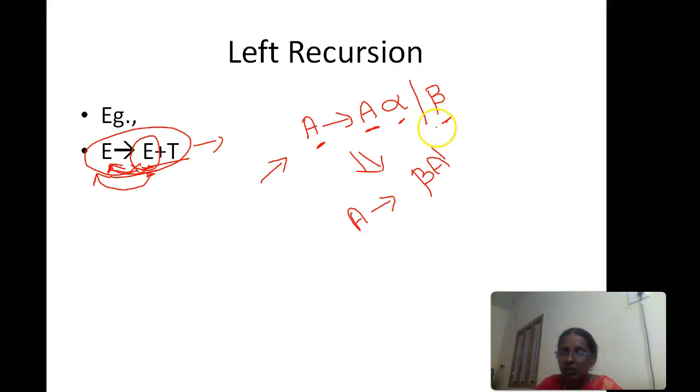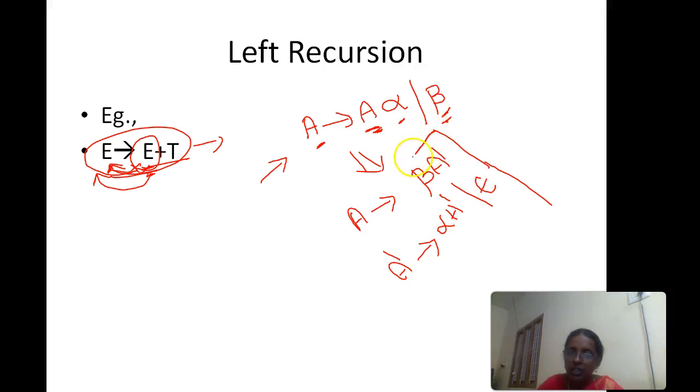Similarly, beta is also some set of terminals and non-terminals, but beta doesn't start with A. So here we introduce a new non-terminal A dash and write A produces beta A dash, and A dash generates alpha A dash or epsilon.